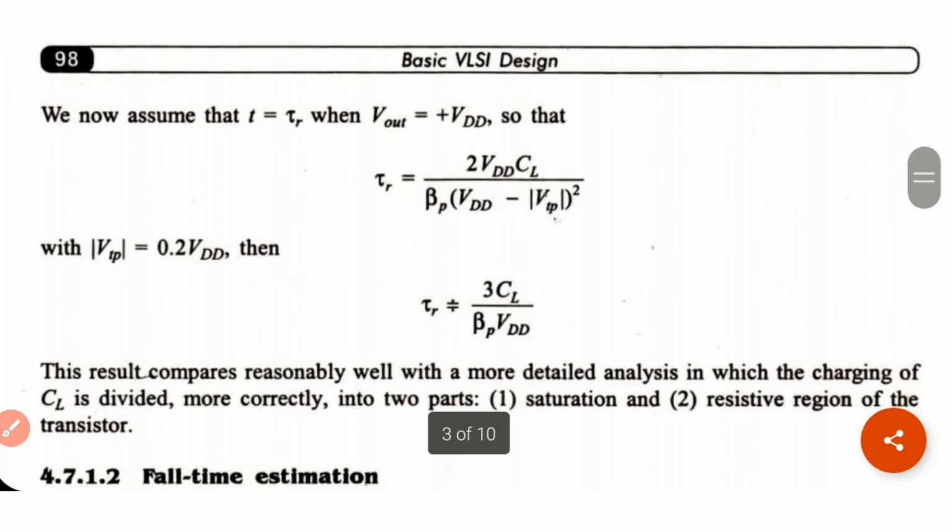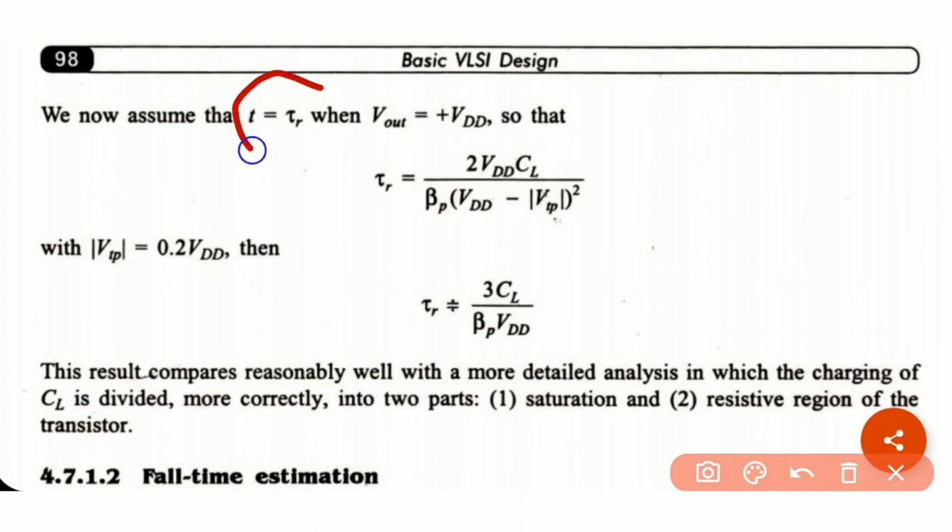Now we are going to make a few assumptions. We will assume that T is equal to tau R, V out will be equal to VDD, and VGS will be equal to VDD. If we put these values in our equation, we get the formula for tau R. Small t we equate as tau, V out is VDD, VGS is also VDD, and VTP is 0.2 VDD.